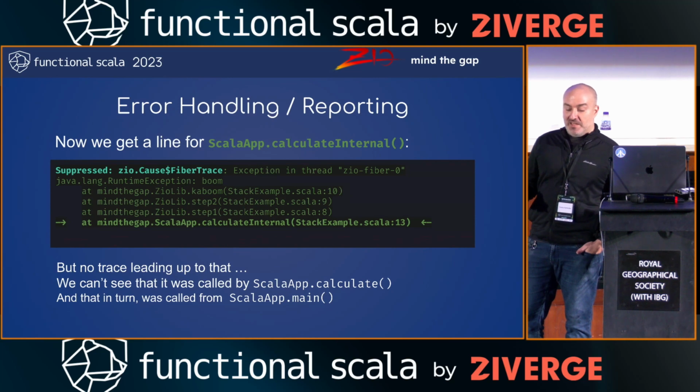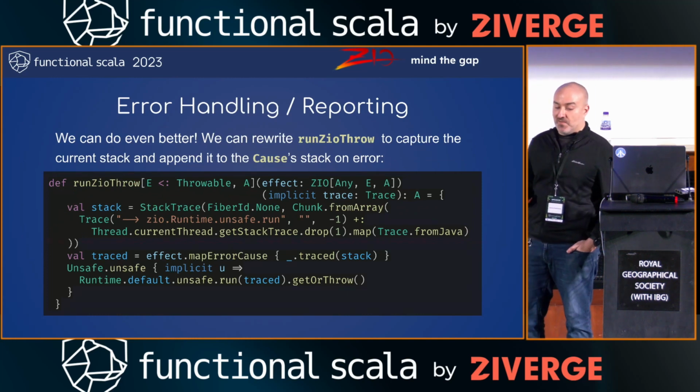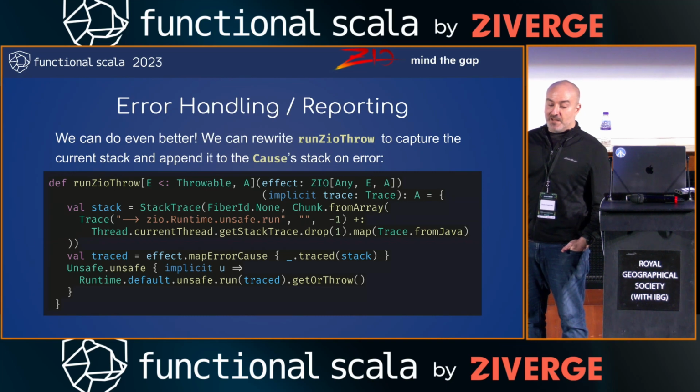And one trick that you can do is rewrite your runZIOThrow a little bit, and capture your stack trace before you actually execute your effect, and then instrument your effect to append your captured stack trace if it fails.